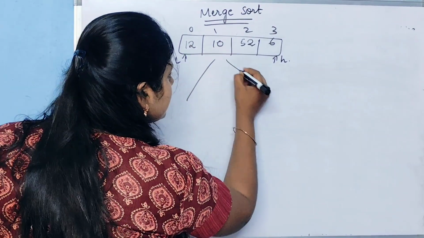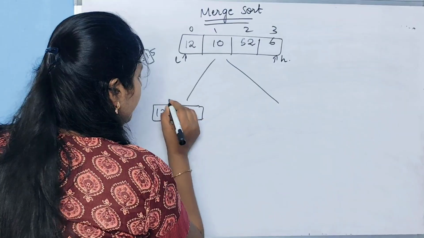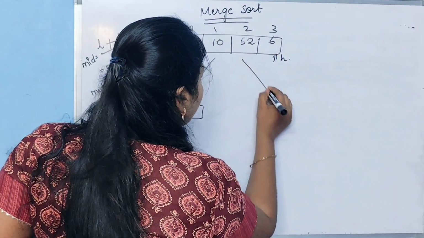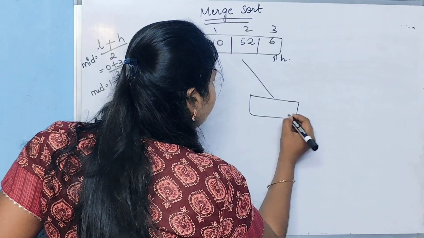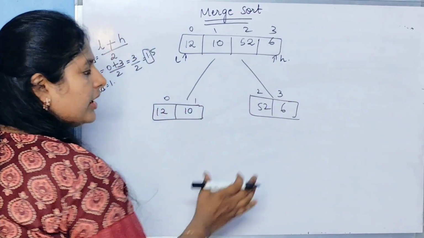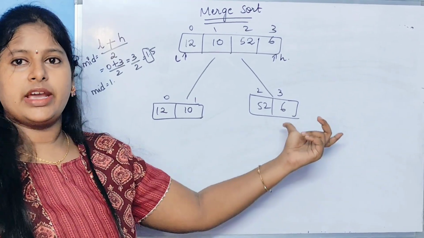When you divide this, 12 and 10 belong to the left subarray. Then the next half, 52 and 6, are combined as the second half, right?